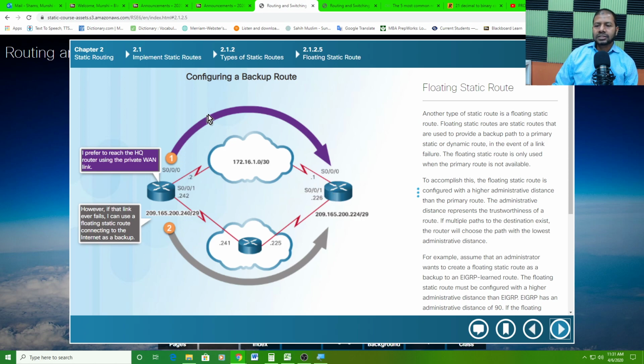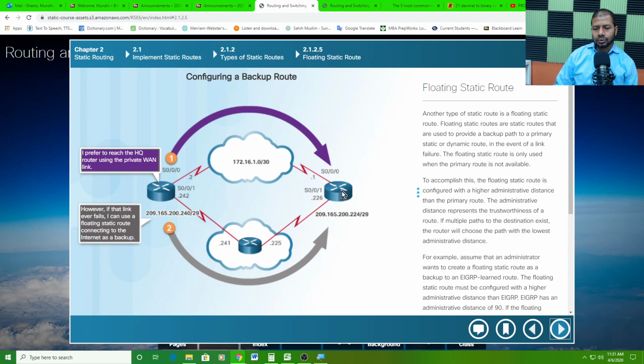But in case this connection goes down, you have another option. You can go down with the dark gray, through this path to the same place.